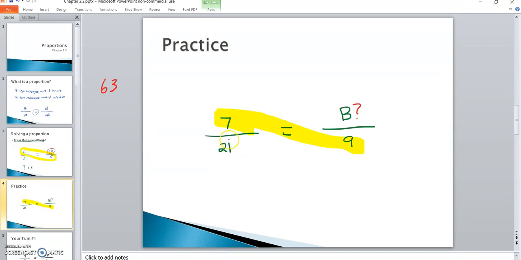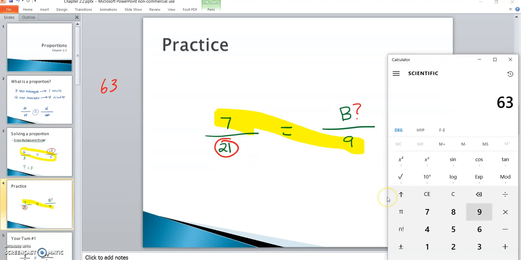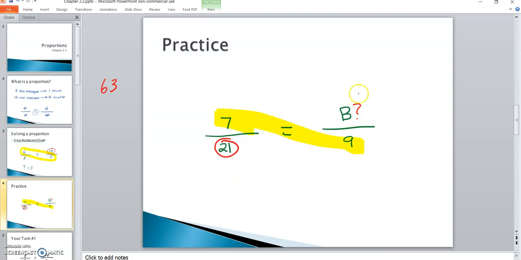And then I'm going to divide it by the last number that I have. So divide it by 21. And my answer happens to be 3 again. So that means that my B is equal to 3.